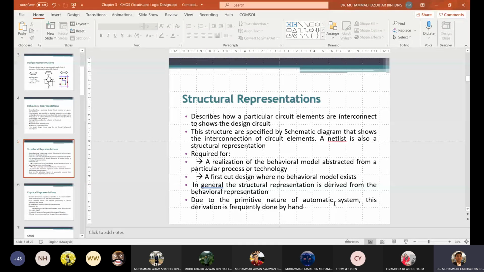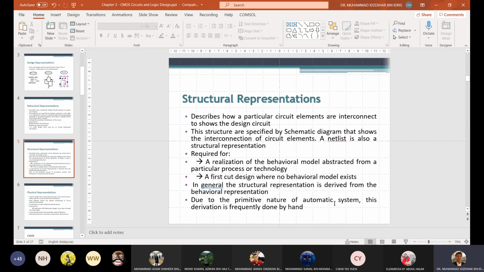This structure is specified by a schematic diagram. You can simply drag and do the connection. So you can show the interconnection of circuit elements. You can also have a netlist. If you learn about HDL, you will have a file, we call that a netlist file. That can represent the structural representation. When you use the netlist, you cannot do the design by dragging.